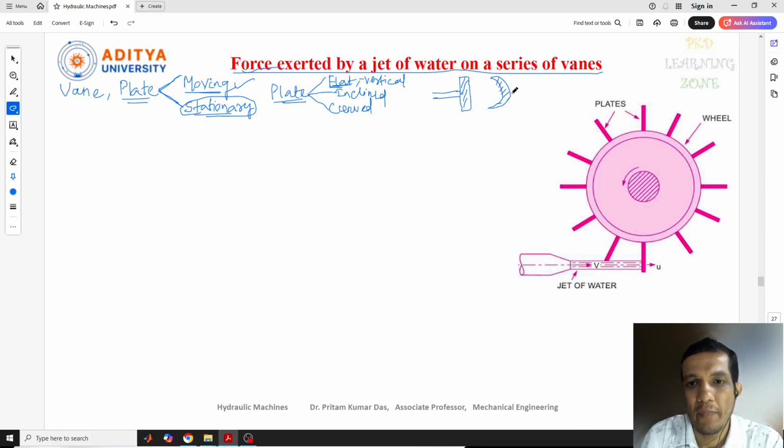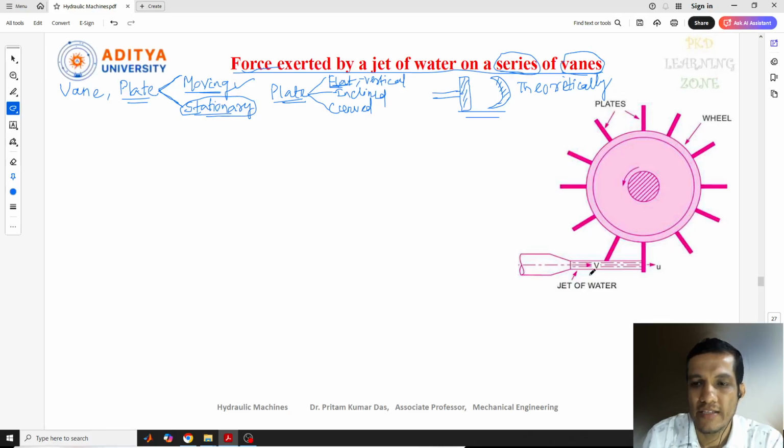The single plate we have studied, these studies are done theoretically. But practically, it is not at all feasible. Studying a single plate is not at all possible. So we need to consider a number of plates or vanes, a series of vanes or series of plates.